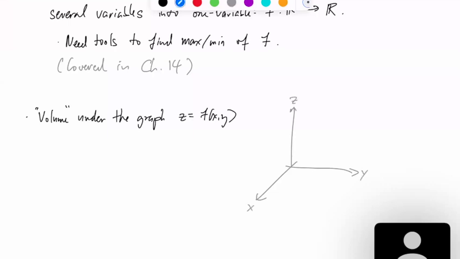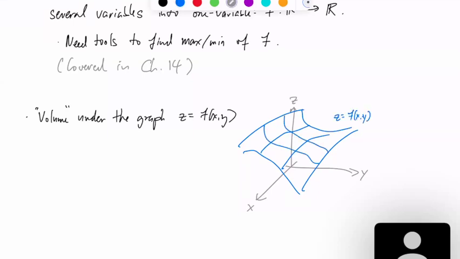We have the graph of some function, which I'll draw vaguely like this. And maybe you care about the area under this, or the volume under this in this case. So what's the volume under the graph?